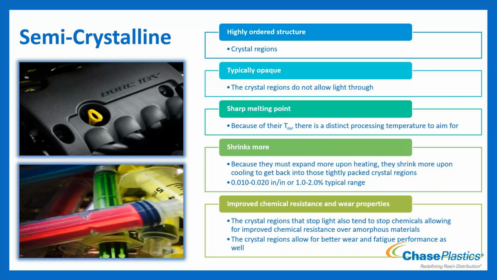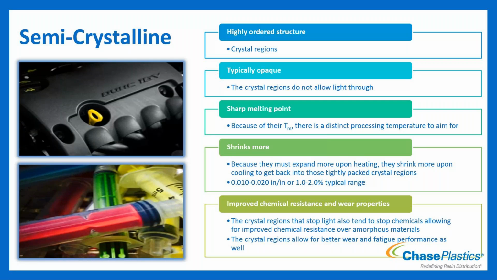A typical range for them, although it's highly dependent on the material itself, and also if it's filled, but a real general rule of thumb is 10 to 20 thou per inch, or if you use percentage as an easier way to picture it, 1 to 2% is pretty standard. And again, it comes down to the material, and if it's filled with anything or not, but that's a general range that tends to encapsulate most of those materials.